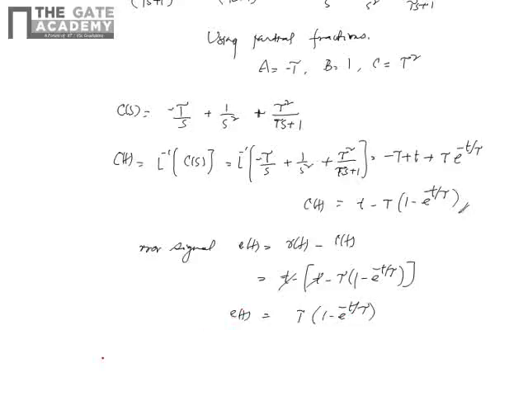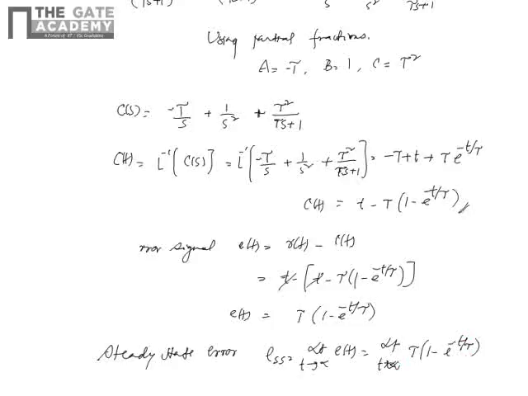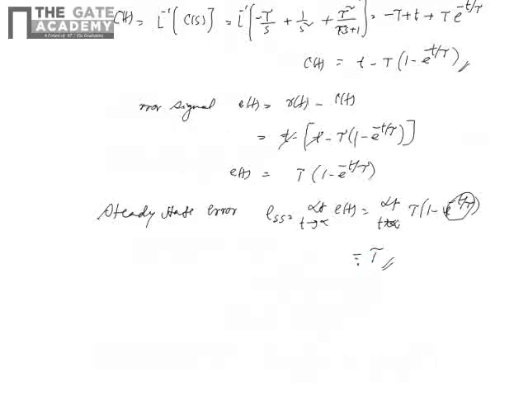Now steady state error e_ss equal to limit t tends to infinity e(t), that is tau into 1 minus e power minus t by tau. When t tends to infinity, this part will become 0, so you will get tau. So this is the error for this ramp input.